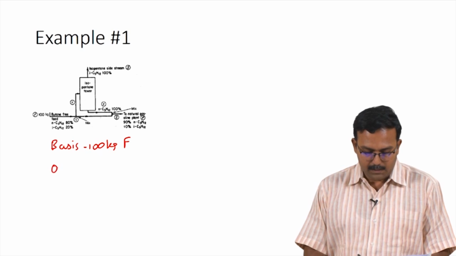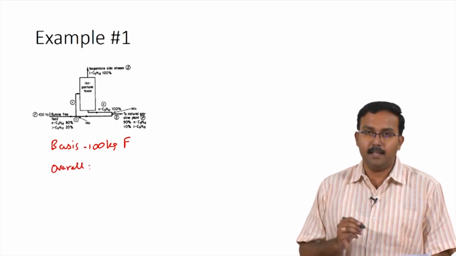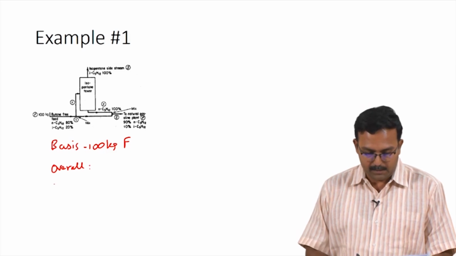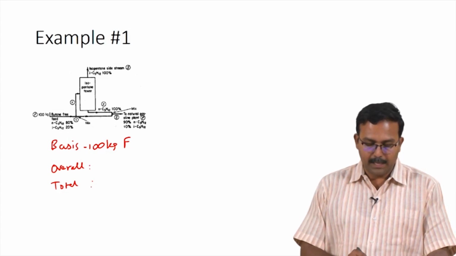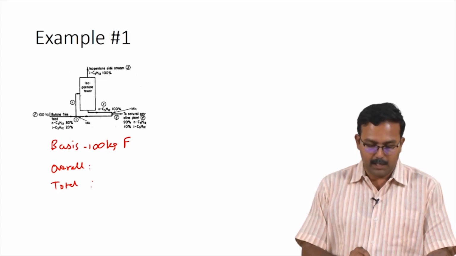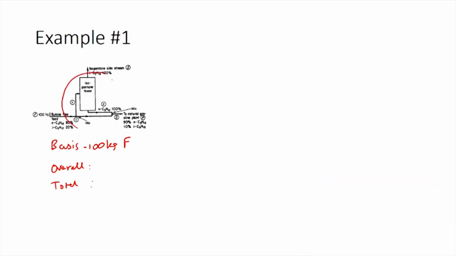For the overall system, we can write a total mass balance and the N-pentane or isopentane balances. Let us write the total mass balance for the overall system. So, the overall system will encompass the splitter and the mixing point and the isopentane tower. So, this would be the overall system that is being taken into account.